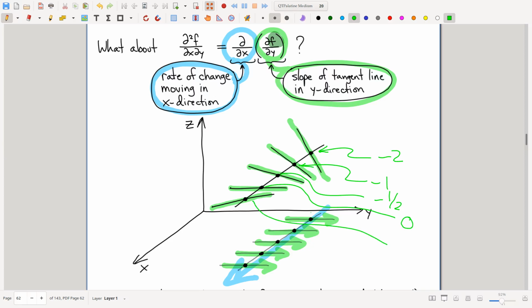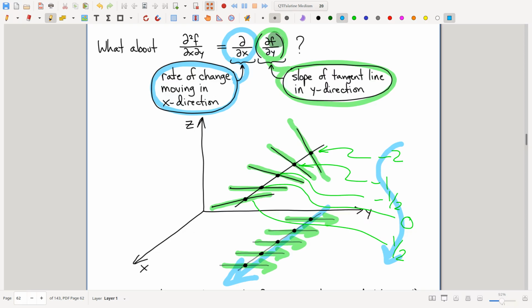And then here, golly, I think that's starting to look positive at this point. Maybe it's about +0.5. And so now I ask, looking at these values, as I go in that x direction, check it out, those y partials appear to be increasing. And that means that the x partial of that y partial is positive.